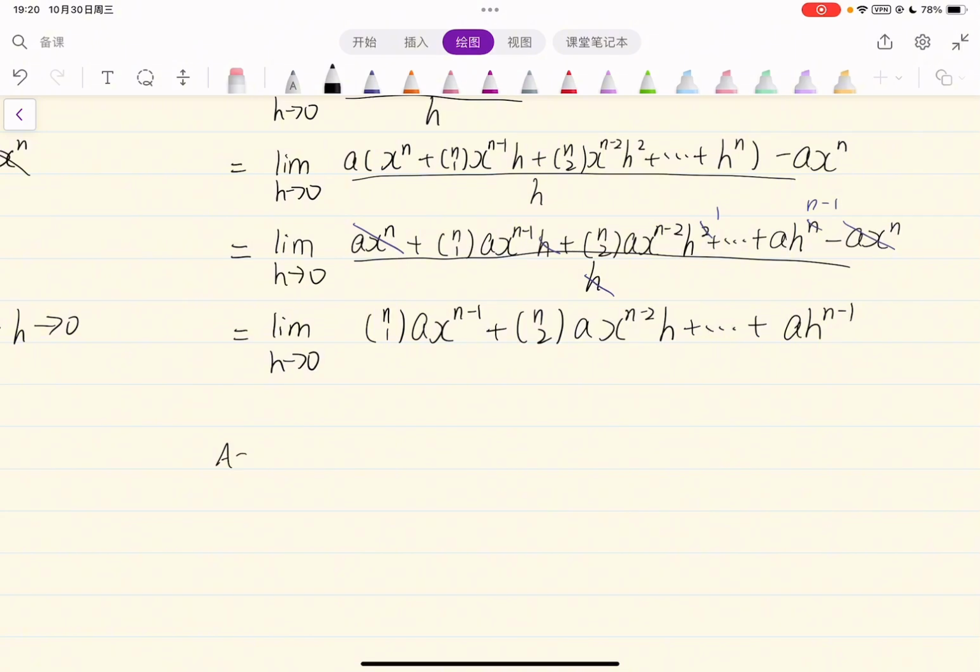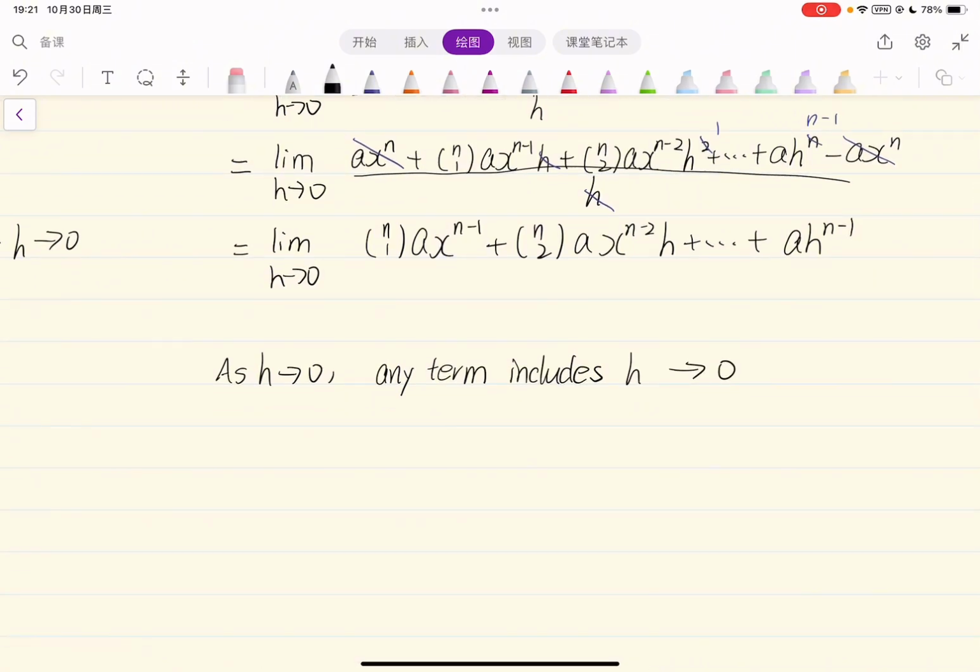As h tends to 0, any term that includes h tends to 0. Thus, what we are left with is the derivative f'(x) equals n choose 1 times a times x to the power of n minus 1.